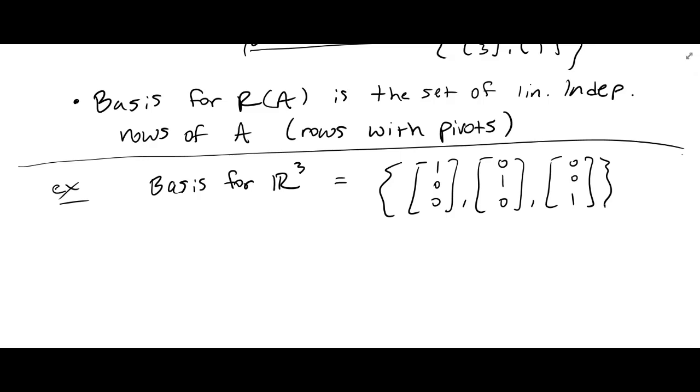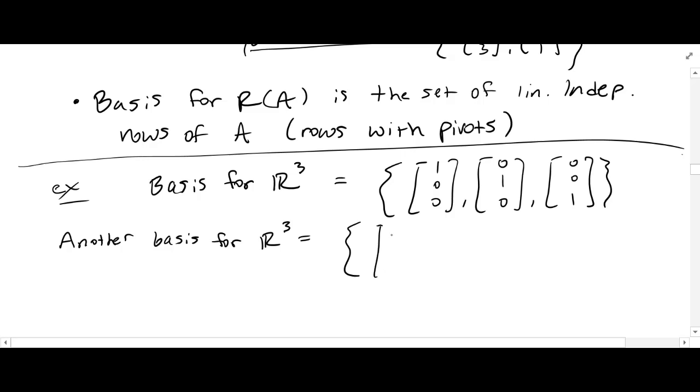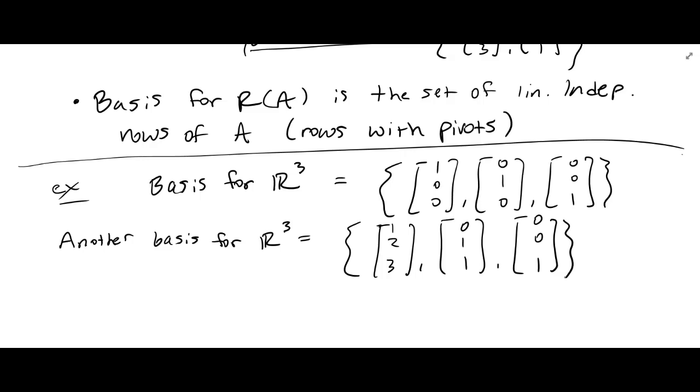So they're obviously independent, and you can write any vector as a combination of those. Another basis for R3 could be something like this: 1, 2, 3, 0, 1, 1, 0, 0, 1. So two completely different bases for R3. So there's infinitely many choices for a basis.